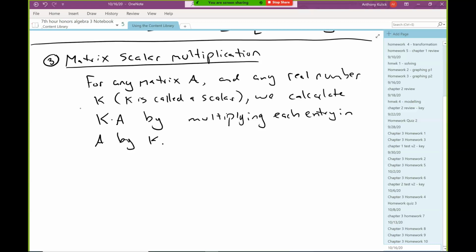We call k a scalar. So that real number that we use to multiply our matrix by, we call a scalar. It's just a vocab thing. And the way we calculate k times A is just by multiplying each entry in A by that number k.